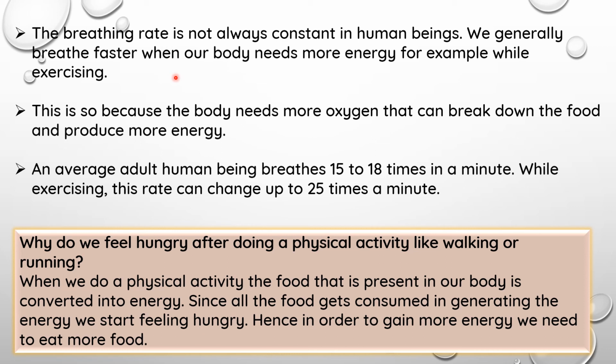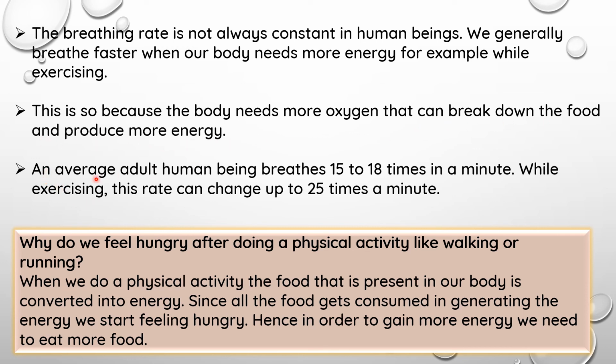But after doing some work or exercise, the breathing rate is more. Why? Because at that time we need more energy, so we take in more oxygen. This is so because the body needs more oxygen to break down the food and produce more energy.